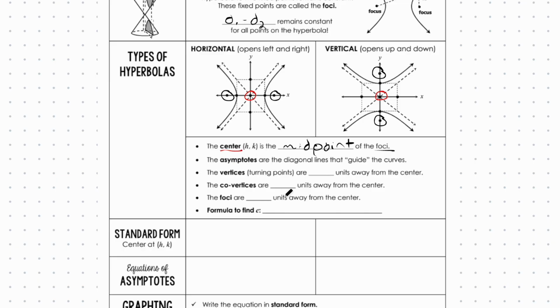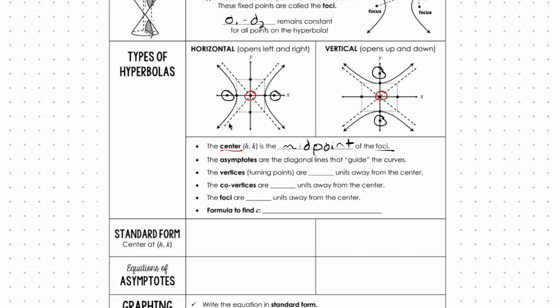The asymptotes. We'll get into this a little bit more later, but when we're graphing, we're going to create this rectangle, and then we're going to create diagonals that go through the corners of those rectangles.